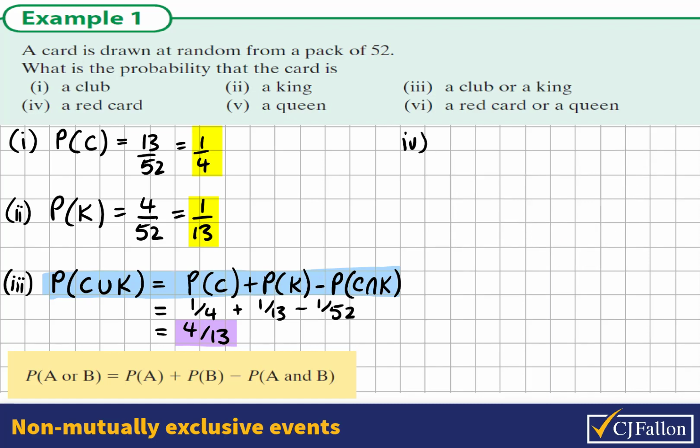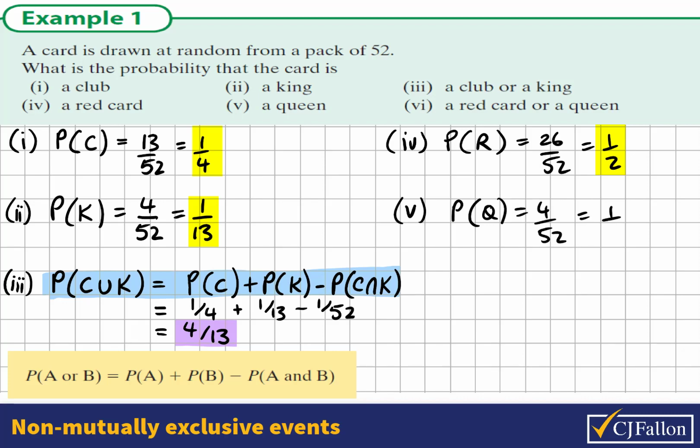So part 4, the probability of it being red. We know that half the cards are red, or if you want, 26 out of 52 are red. It's a half if you wish. Then we're asked the probability that it would be a queen. We know that there's 4 queens in a pack, or it's 1 in every suit, 1 in 13. Then we're asked for the probability of being a red card or a queen.